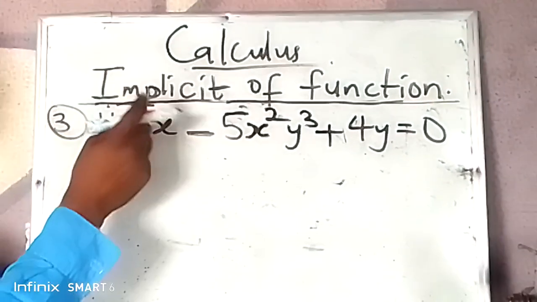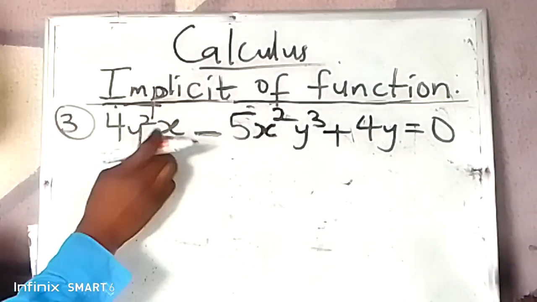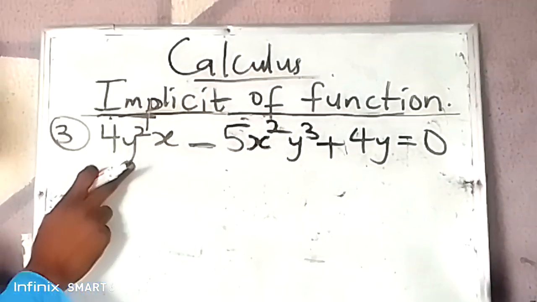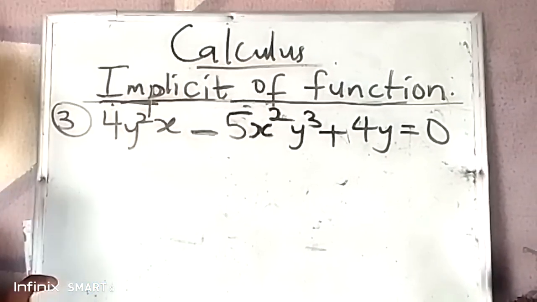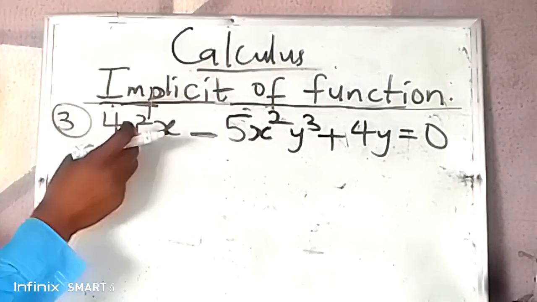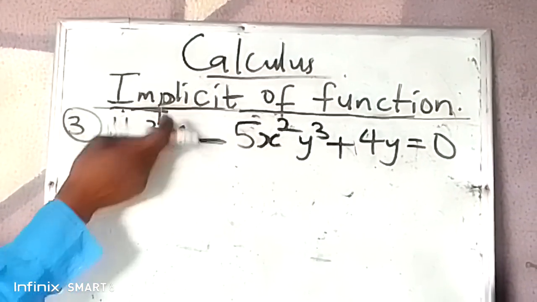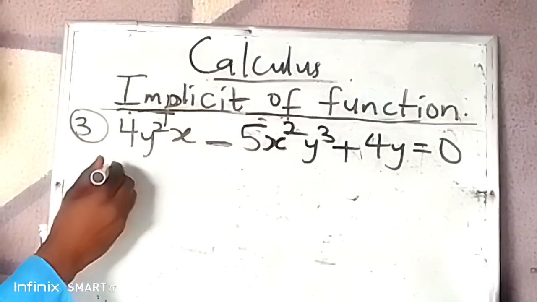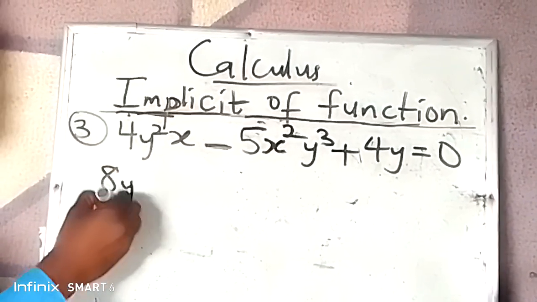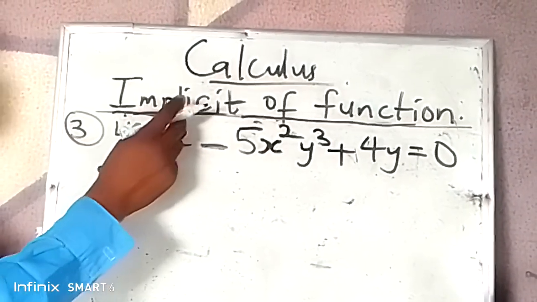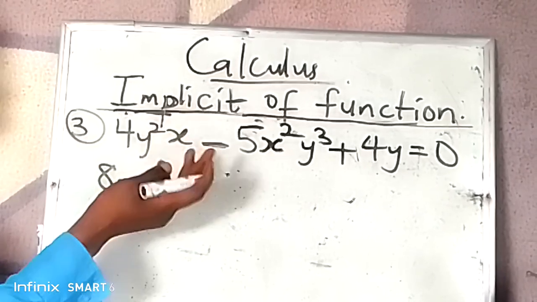Now he told us that this is 4y squared x. We are differentiating y, and we are also differentiating x. If I want to differentiate y first, you now say 2 times 4, that will be 8y. When you subtract 1, it's going to be raised to power 1, and you don't need to write it again.